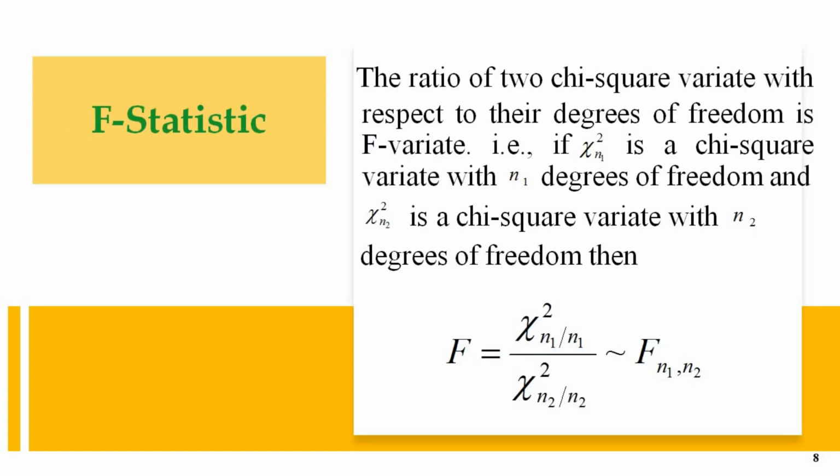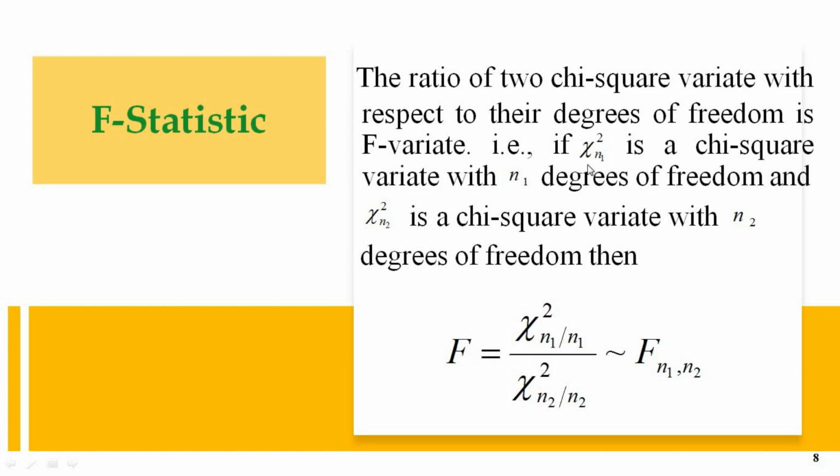And then what is the F statistic? This is a very important statistic in the case of analysis of variance. How can we explain this F statistic? The ratio of two chi-square variates with respect to their degrees of freedom is an F variate. Again I am going to explain what degrees of freedom is.